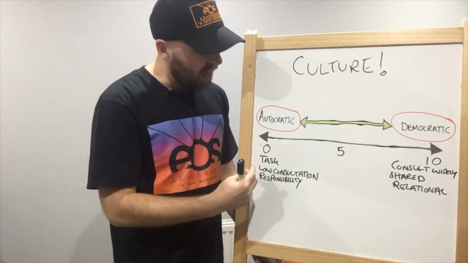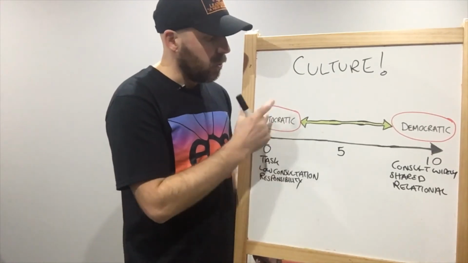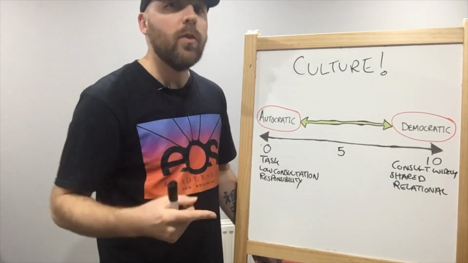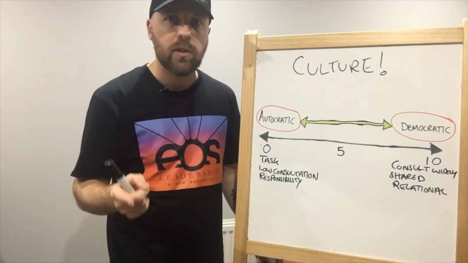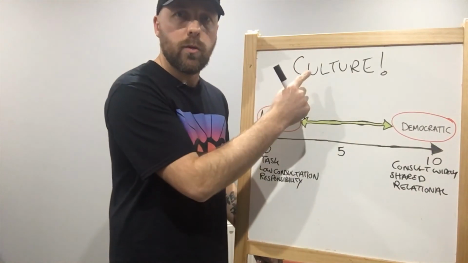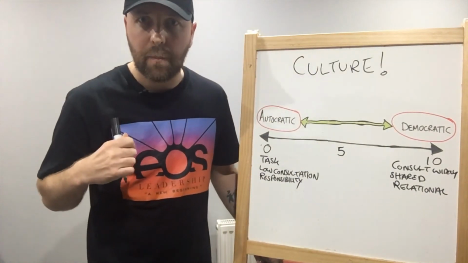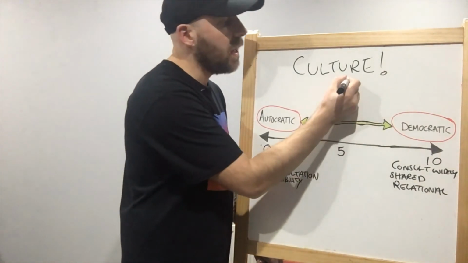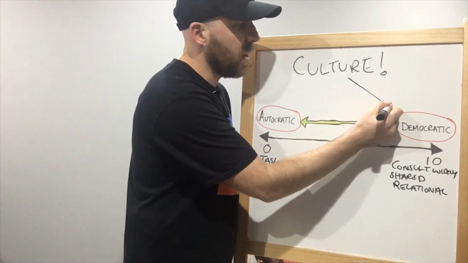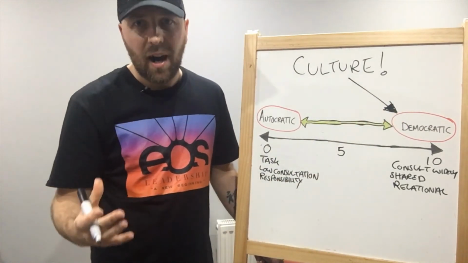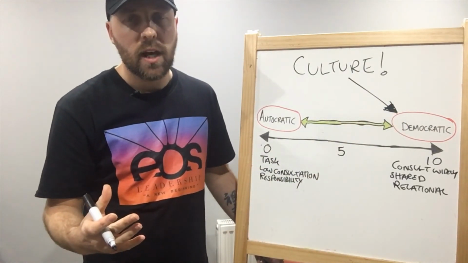And if we look back on the two areas being autocratic and democratic, and we ask ourselves over time which one of those leadership styles is going to mean that the culture is maintained, the culture that we've worked hard to build is maintained, even though I step away, it very clearly points to a democratic leadership style, one where the team are highly involved in the decision making process.